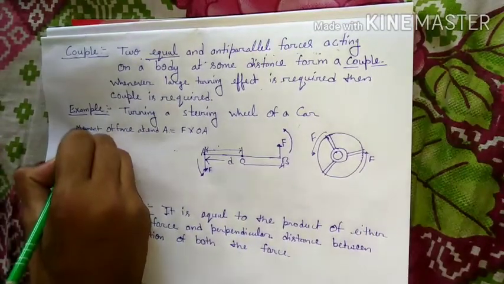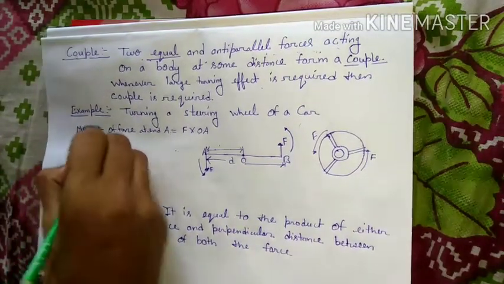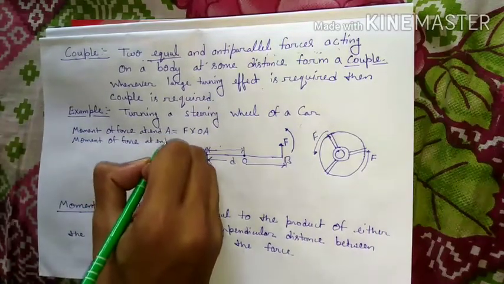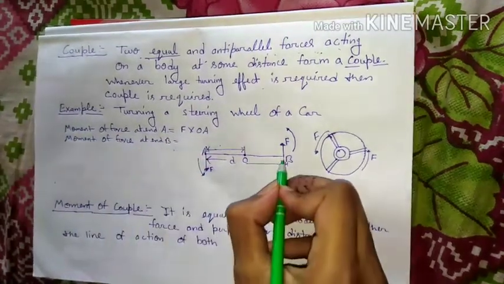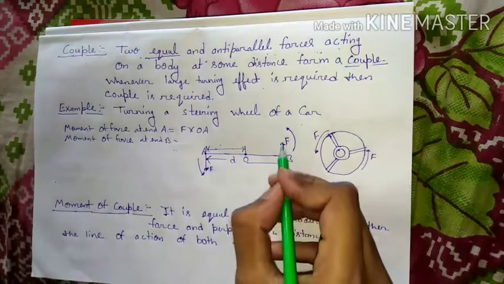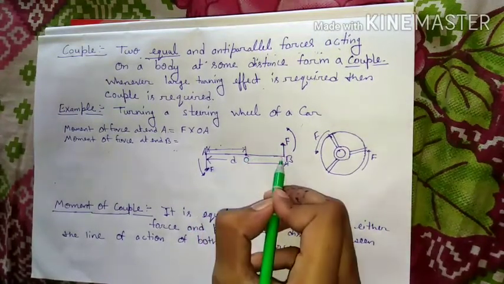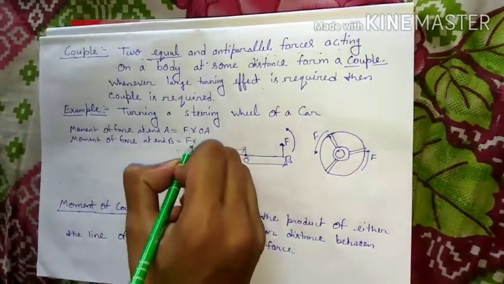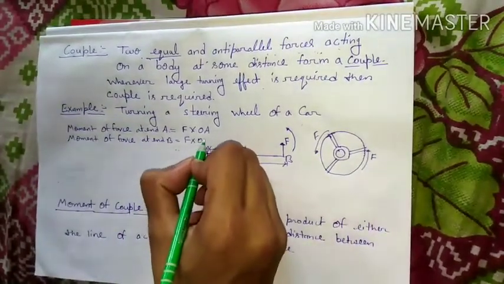And same here, the moment of force at end B should be force into distance from its line of axis. So F into distance OB.